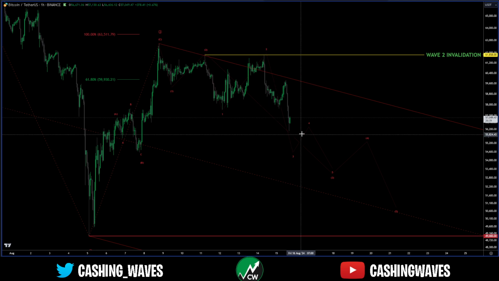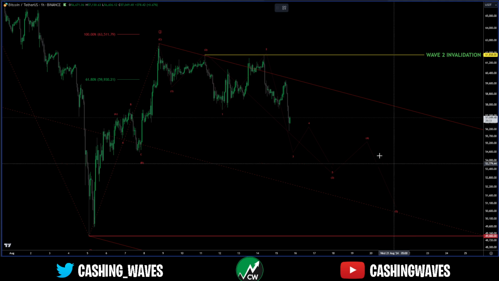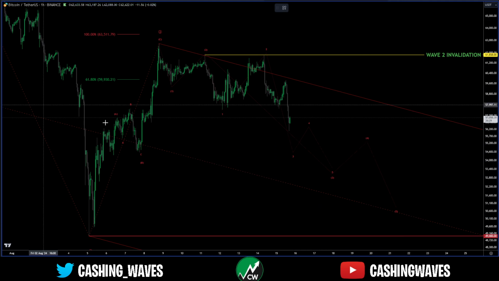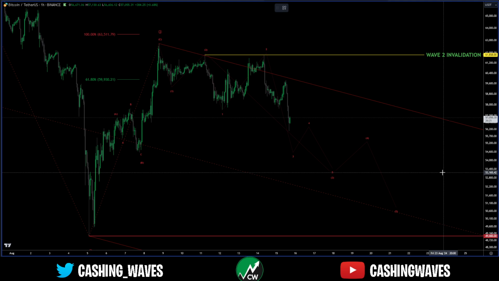Now this one is not following guidelines ideally as well, but I only drew it because if we do make the structure to the downside, I want to make sure obviously I'm paying attention to every scenario that can play out. I still don't give this much validity until these waves completely fill out.